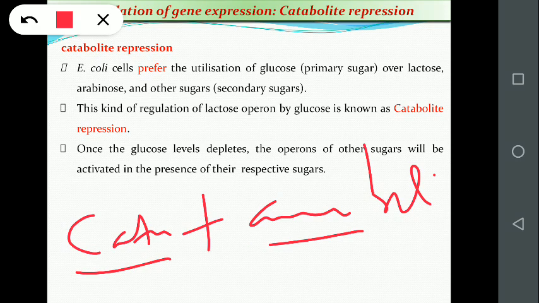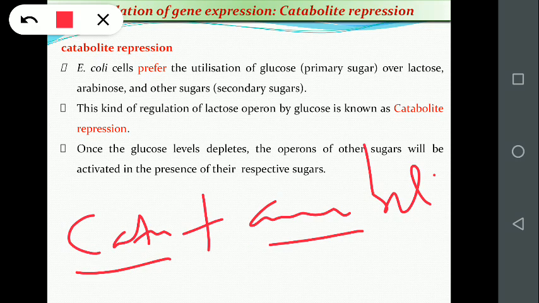You have already studied these catabolic and anabolic processes during metabolism. In the metabolism paper you have all the catabolisms and anabolisms. If we take the example of carbohydrate metabolism, you will study the catabolic and anabolic processes of carbohydrates, like glycolysis, the TCA cycle, and glycogenolysis. All of these come under catabolism, in which the glucose and other sugars are hydrolyzed or broken down.